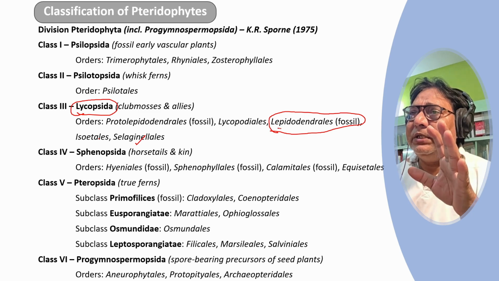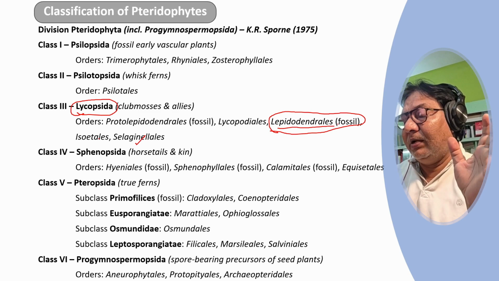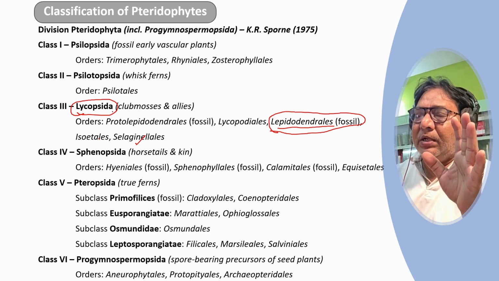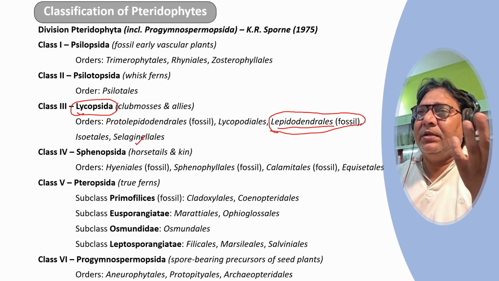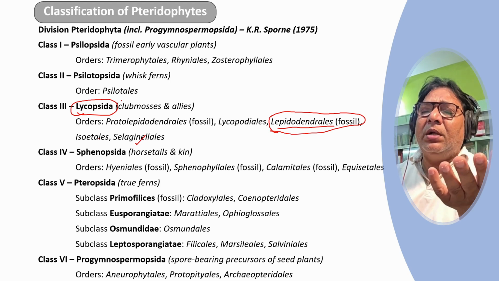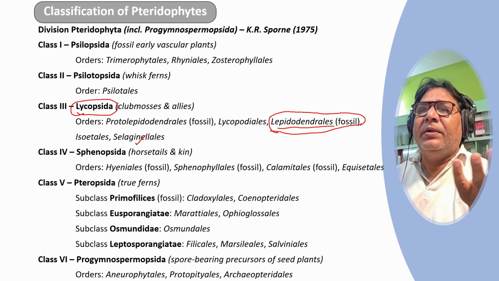And Lepidodendron was a tree. It was a tree of this group, Lycopsida. There used to be trees under pteridophytes. Currently, among living pteridophytes, only two genera are present as tree form.